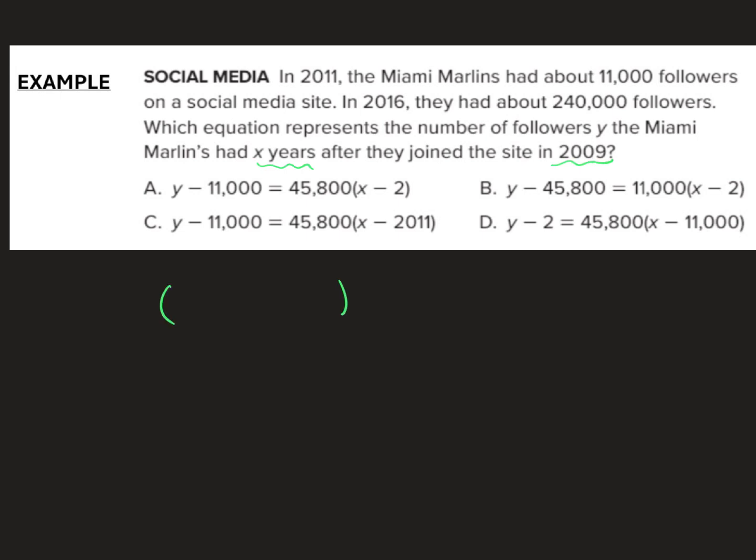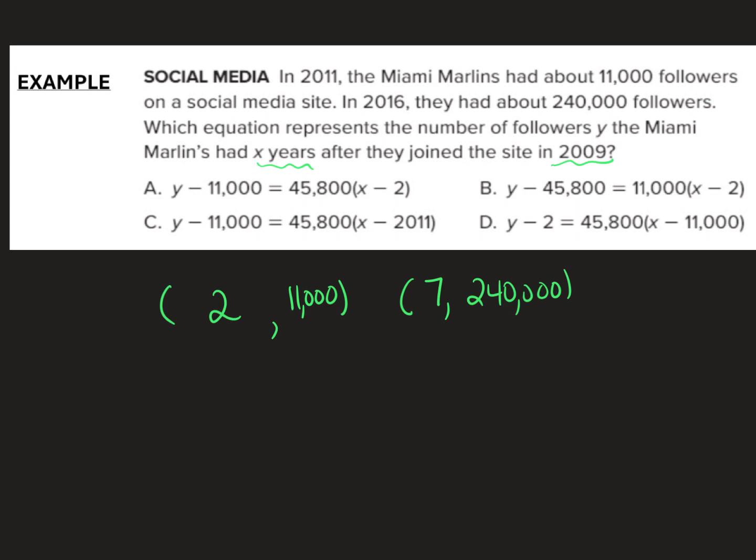So let's make our first ordered pair. 2011 is 2 years from 2009, and that would be 11,000 followers. And 2016 is 7 years since 2009, so 240,000 followers.